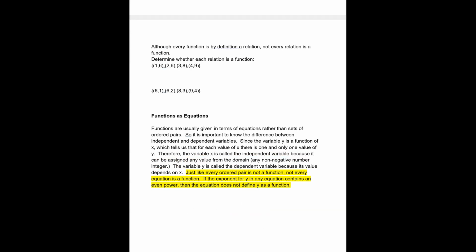Okay, so although every function by definition is a relation, not every relation is a function. So let's look at this little relation and see if it's a function or not. Remember, we got to make sure our x's don't repeat. So let's find our domain. Remember, our domain is always the x's.